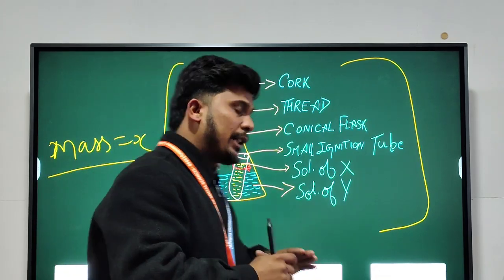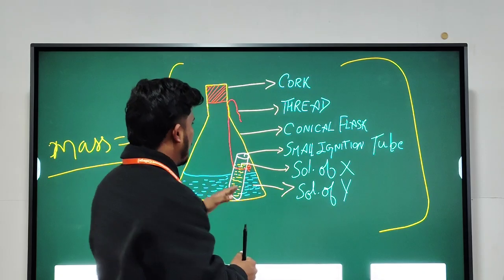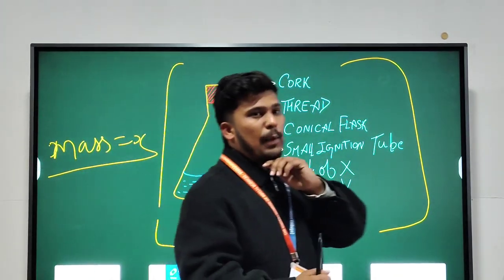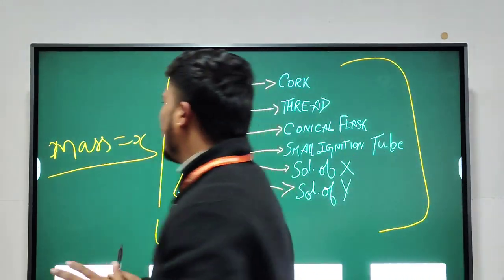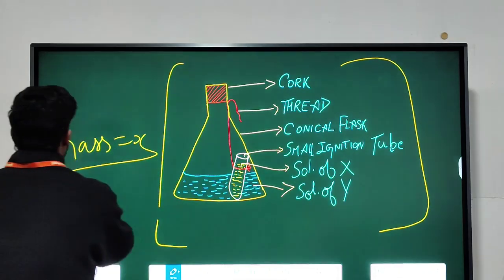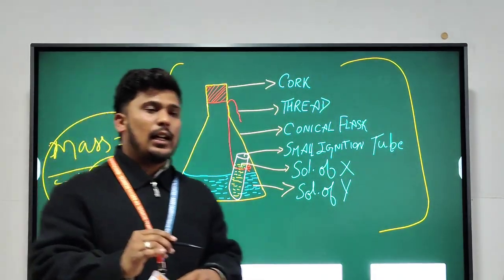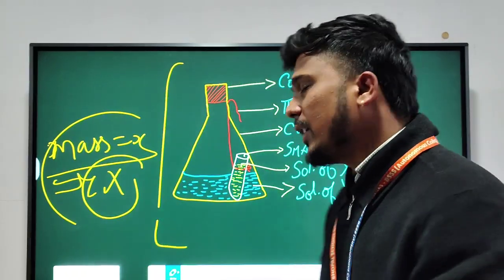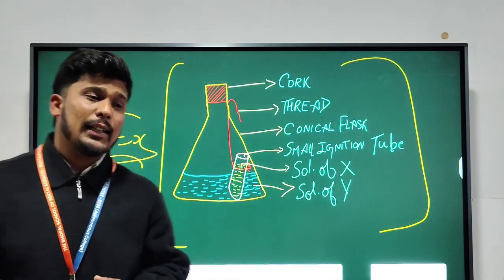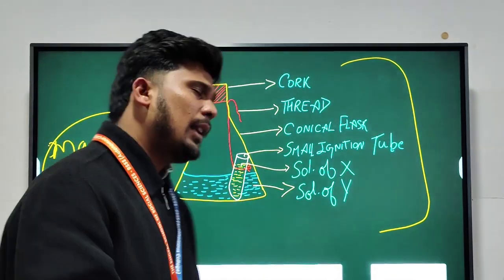Then there was a chemical reaction between the two solutions, X and Y. After the chemical reaction, he took the mass again, and it was X. So the mass before the chemical reaction is X, and the mass after the chemical reaction is X. So we can say that mass is neither created nor destroyed in a chemical reaction.